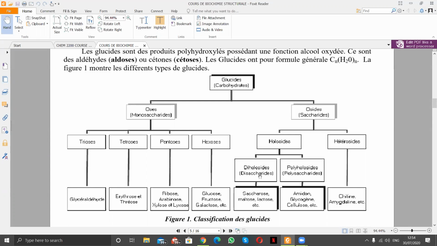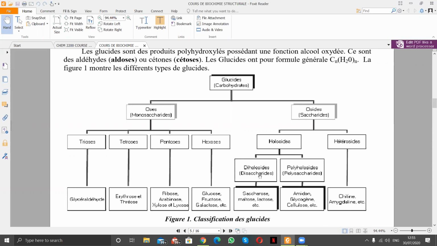I mentioned in oligosaccharides that the most common oligosaccharides in nature are what we call disaccharides, and a disaccharide consists of two monosaccharide units. And the most abundant naturally occurring disaccharide is sucrose.